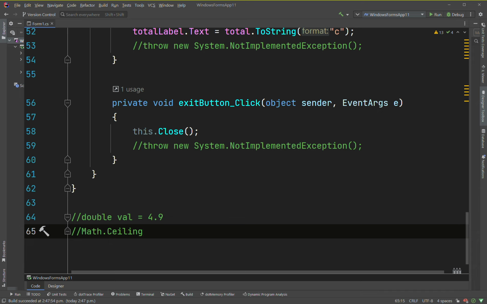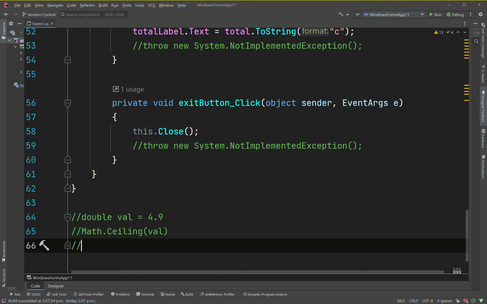That's the way they make it different. Here we pass in val, so if we call that, the output should be 5. I think it's an integer, so it would return 5. You can test that.